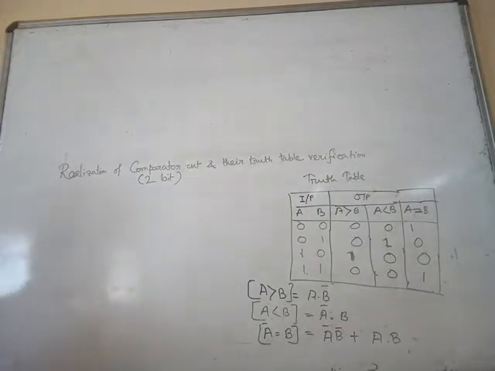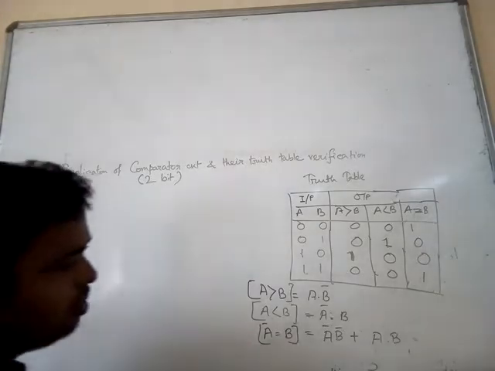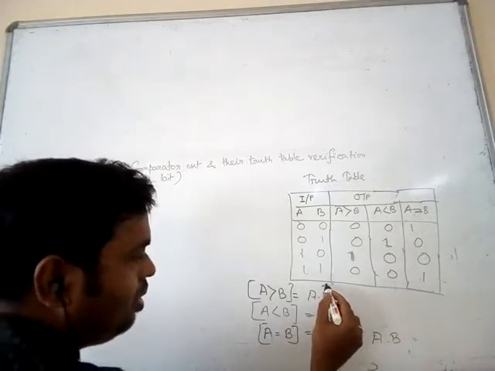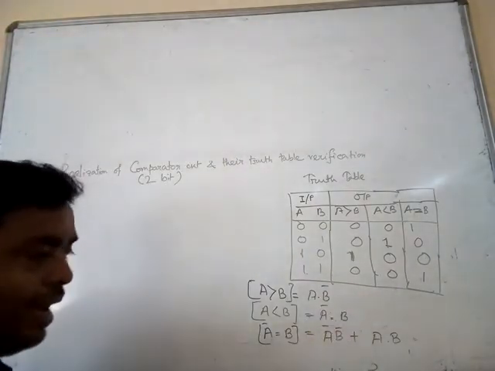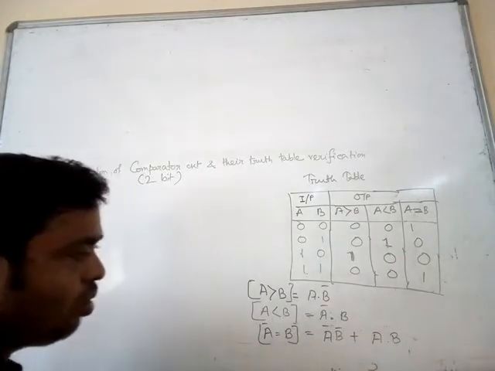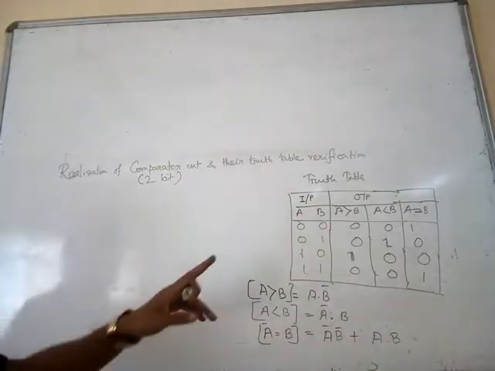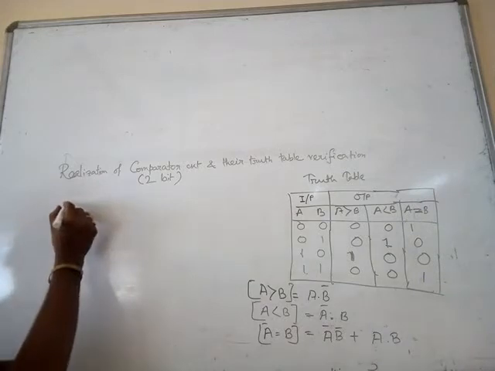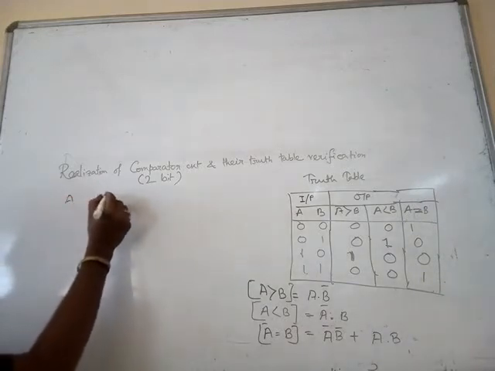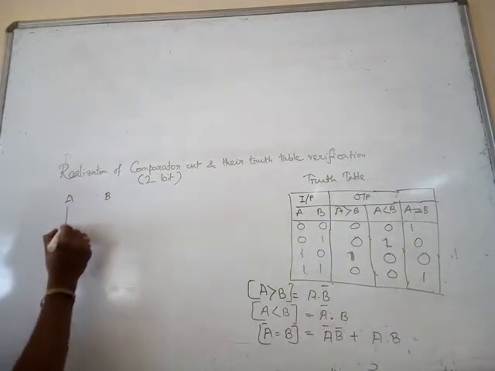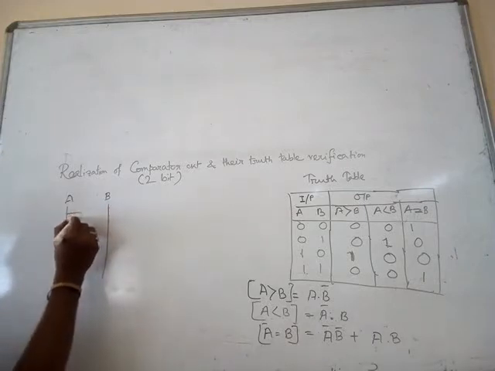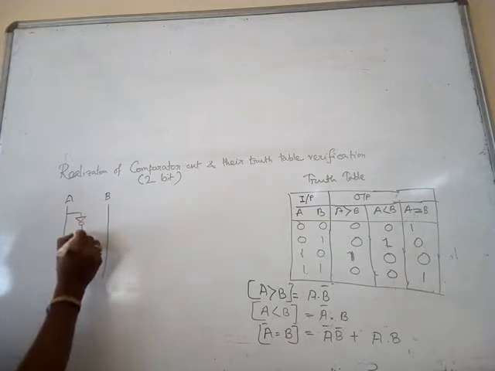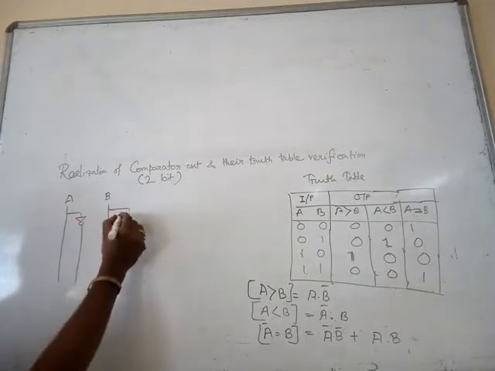Now we need 3 types of gates. For bar it is NOT, for dot it is AND and for addition it is OR. So 2 inputs, A and B. First we take A and B. This is A and this is B. This is A bar, and this is B bar.